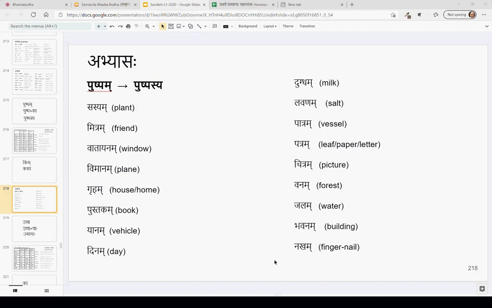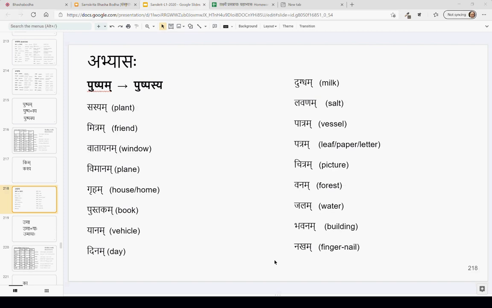Alright, next Archana. Any two words? पुस्तकं, पुस्तकस्य पत्रं. Pustakasya patram, leaf, paper or page. If you want to convert that into a question, how do you convert that? Whose patram? Answer is pustakasya patram.